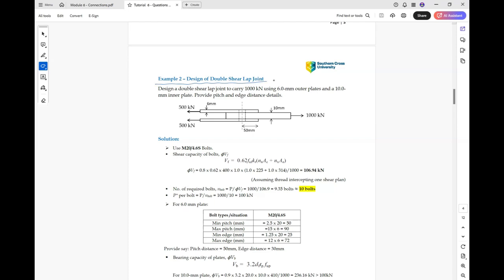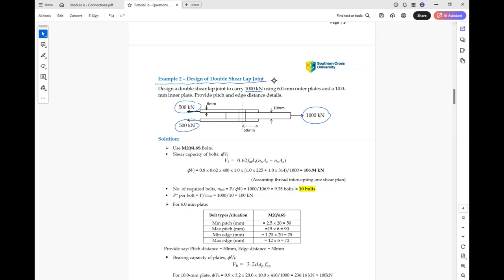Okay, so if we look at this example here, we have a double shear lap joint carrying 1,000 kilonewton. So we have 1,000 kilonewton from this side and 1,000 from this side, and we have 6 millimeter plates. So these two plates are 6 millimeter each, and the thick one here is 10 millimeter.